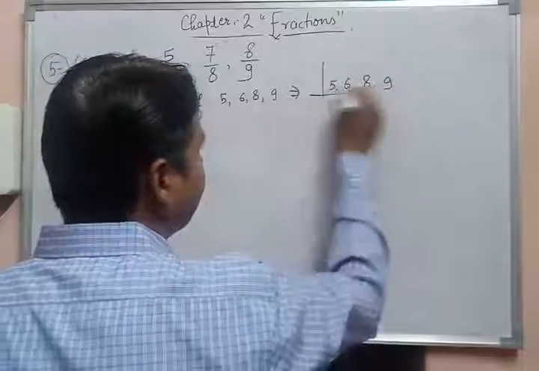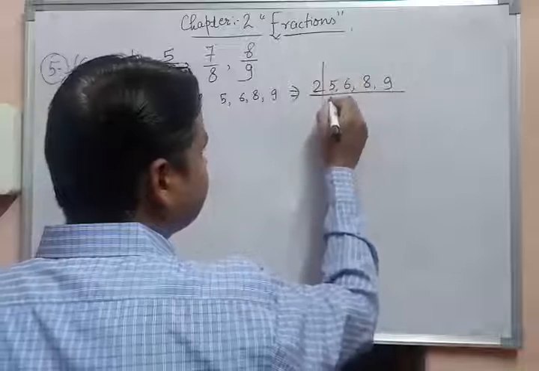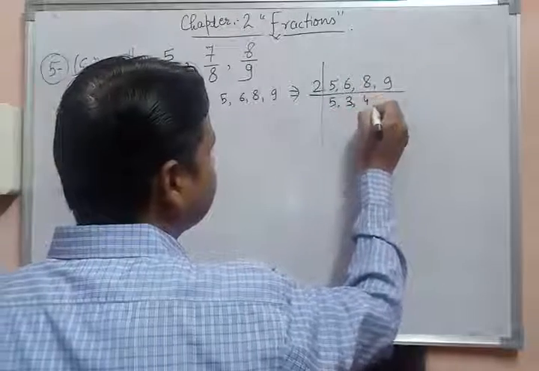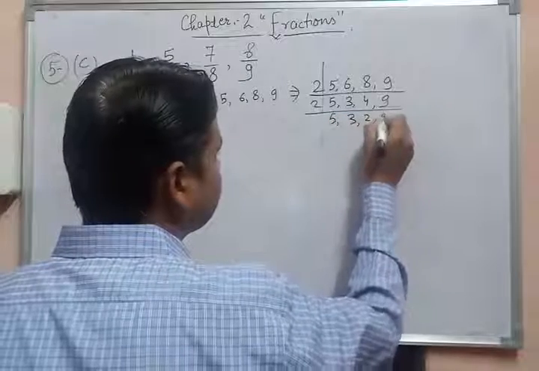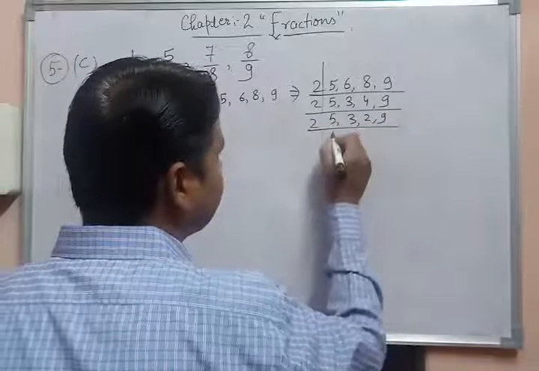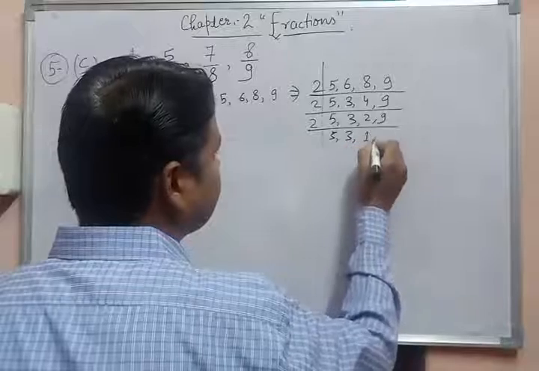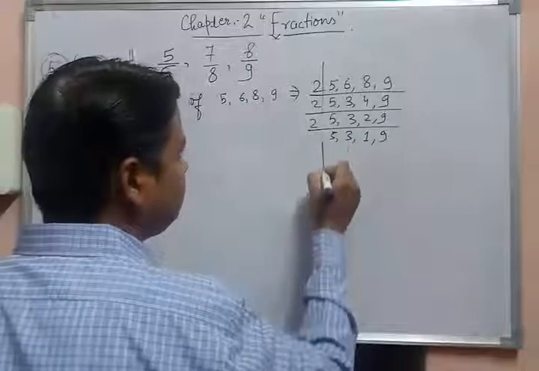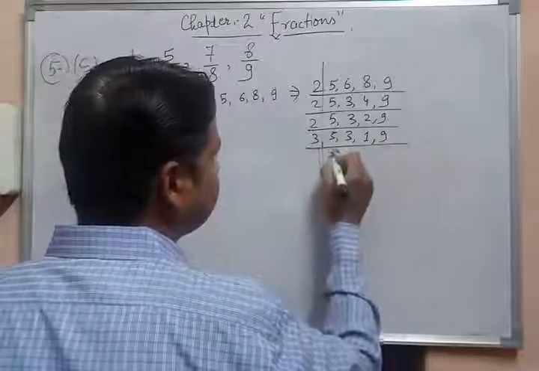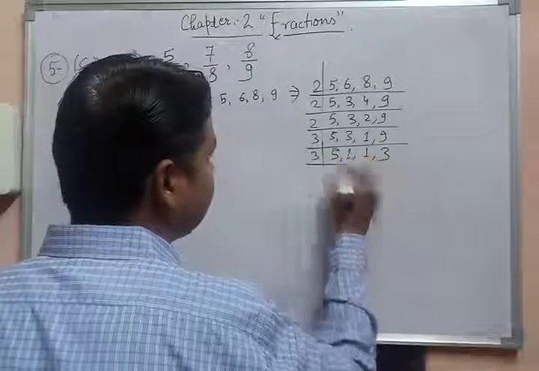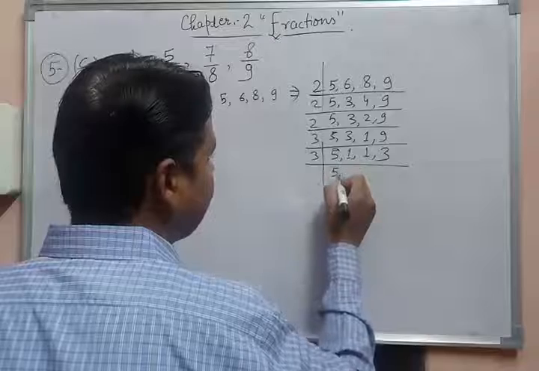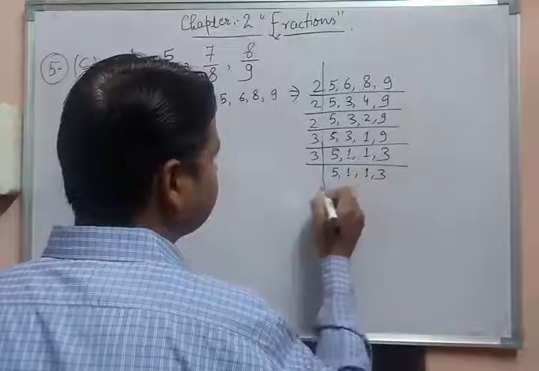First of all you have to divide all the numbers by 2. Again, now you have to divide by 3. 1, 1, 3, 3, 5, 1, 1 and 3. Sorry, 1.